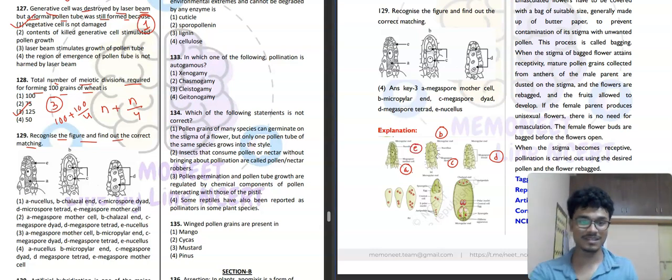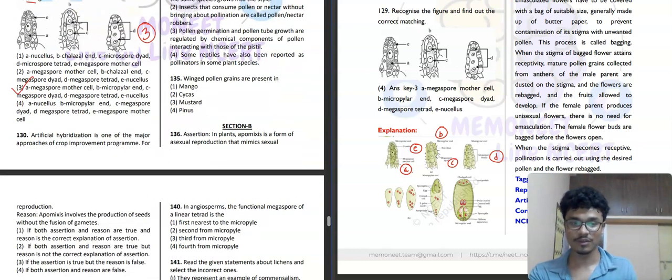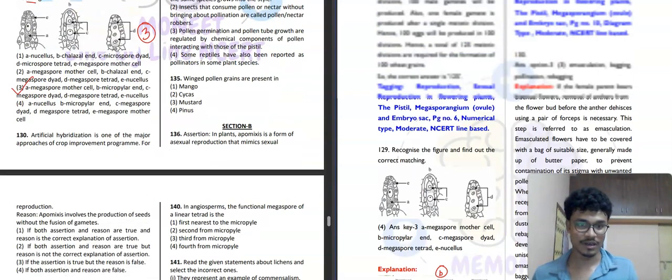This is a typical NCERT diagram based question. So that's why the third option will be your correct answer for this question. Okay, so let's visualize the NCERT diagrams very carefully. Questions can come from it. Now the next question is 130.